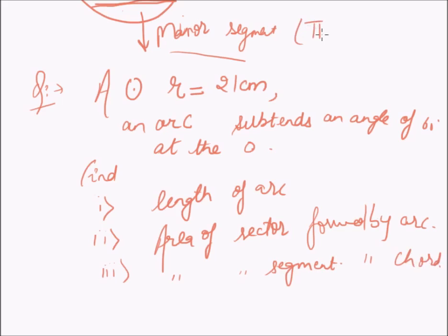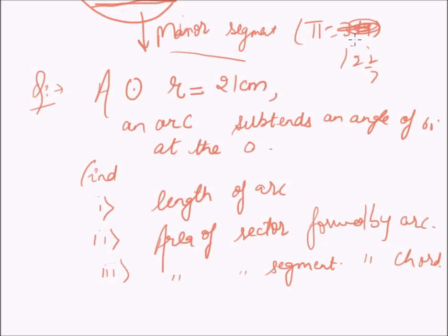The value of pi is given as 3.14. Even if the value of pi is not given, you can use 3.14 or 22 by 7 according to the situation. Sorry, here it is mentioned as 22 over 7.